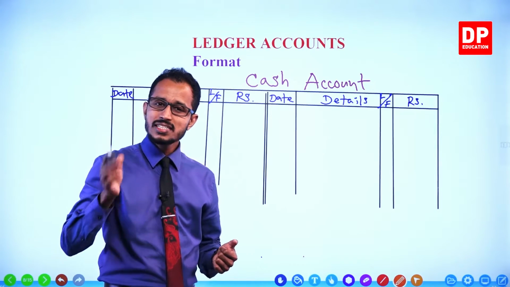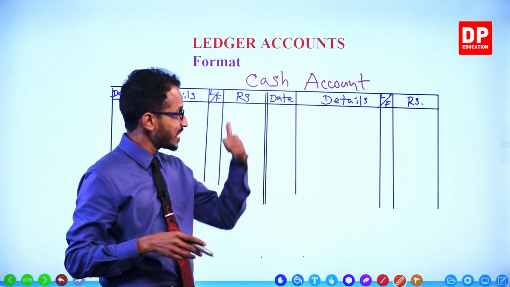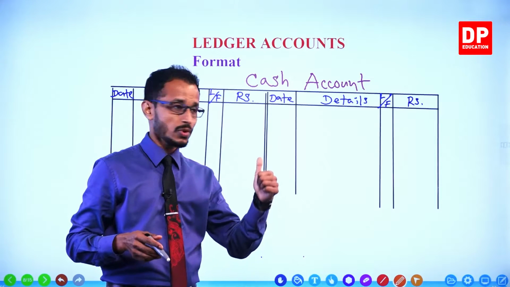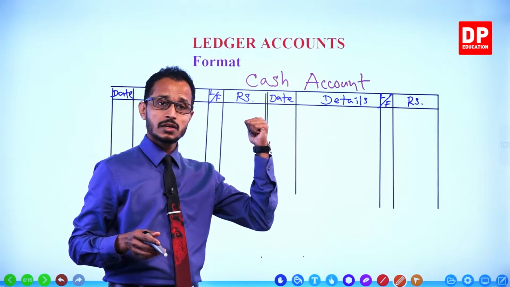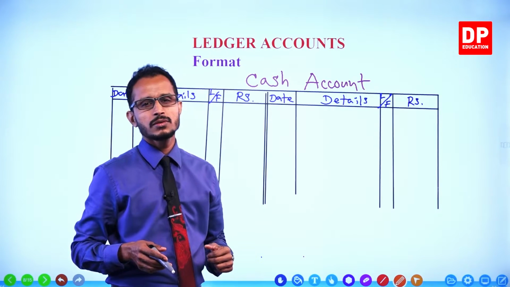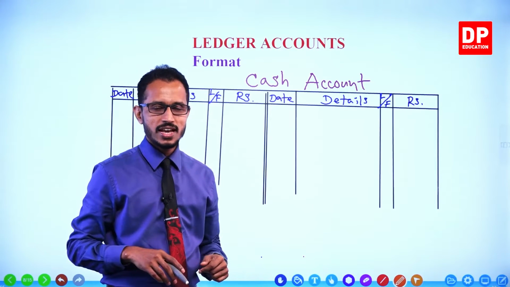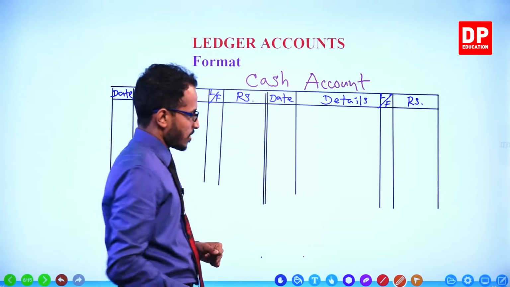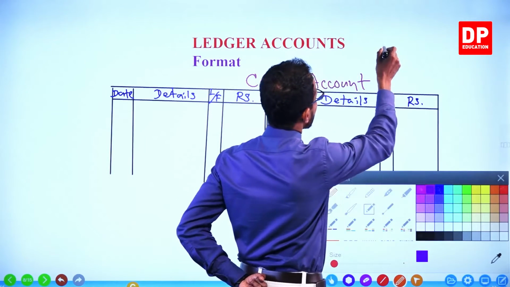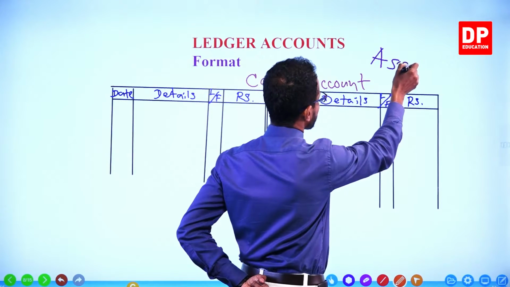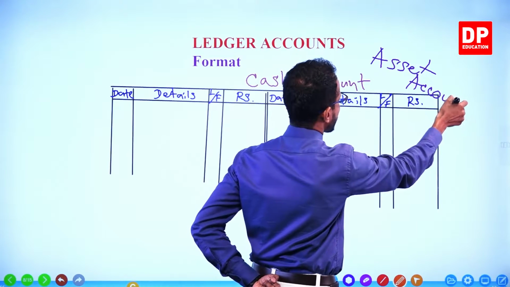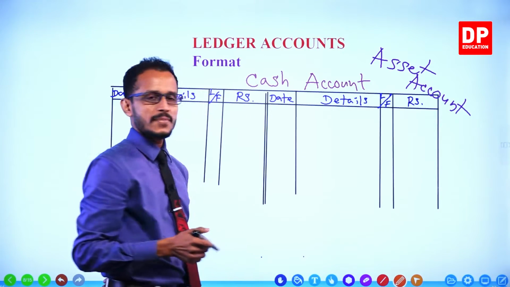But what is the type of this account? What is cash in the business? Cash is a liability? No, children, cash is an asset. So this cash account automatically becomes an asset account.